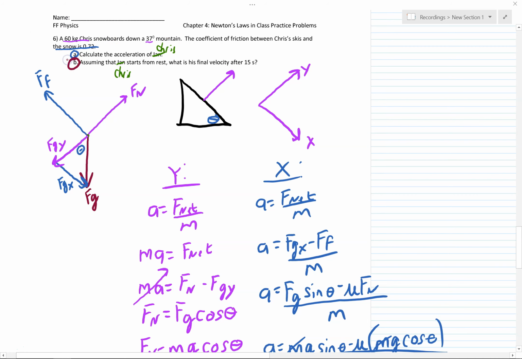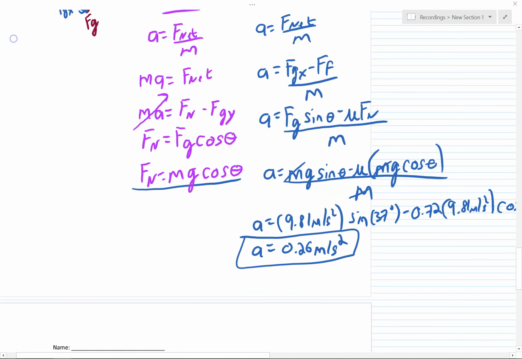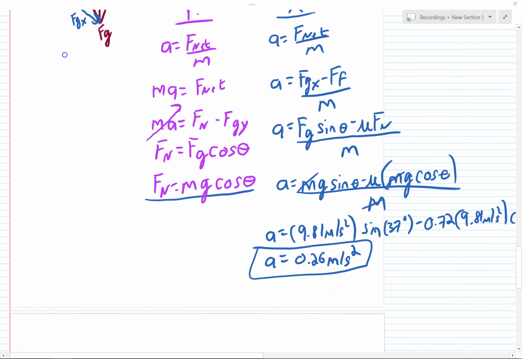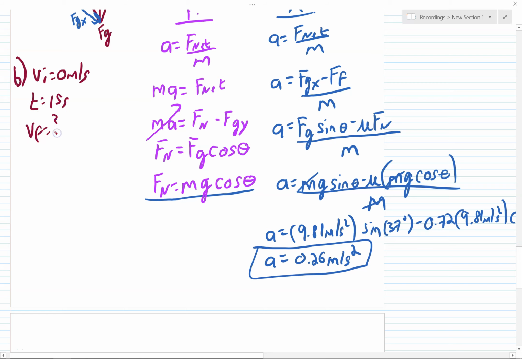Letter B asks, assuming that Chris starts from rest. So let's look at letter B. Vi of Chris is 0 meters per second. He travels for 15 seconds. And we want to calculate the final velocity of Chris. We know Vi, t, and a, and we want to solve for Vf.